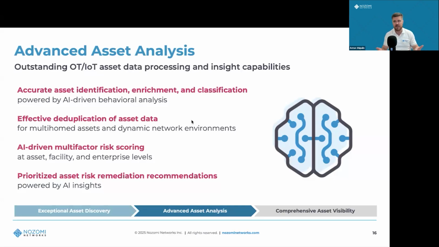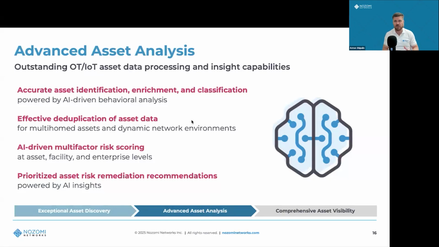The next step is asset analysis, turning raw telemetry into actionable insights. This is where our AI-powered capabilities come in. We apply advanced analytics for accurate asset identification, enrichment, and classification, even in complex dynamic networks.